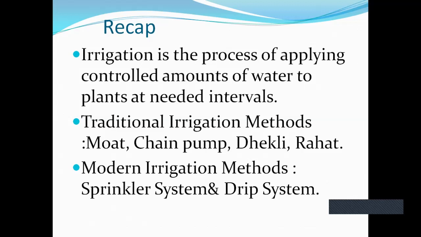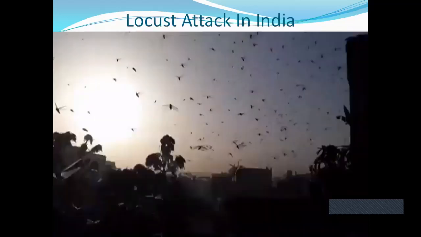What is this locust attack? Children, locusts are small insects which belong to the grasshopper family, and these locust swarms have attacked India. I want to share this video in which you will understand how the locusts have attacked India. Please watch this interesting video.